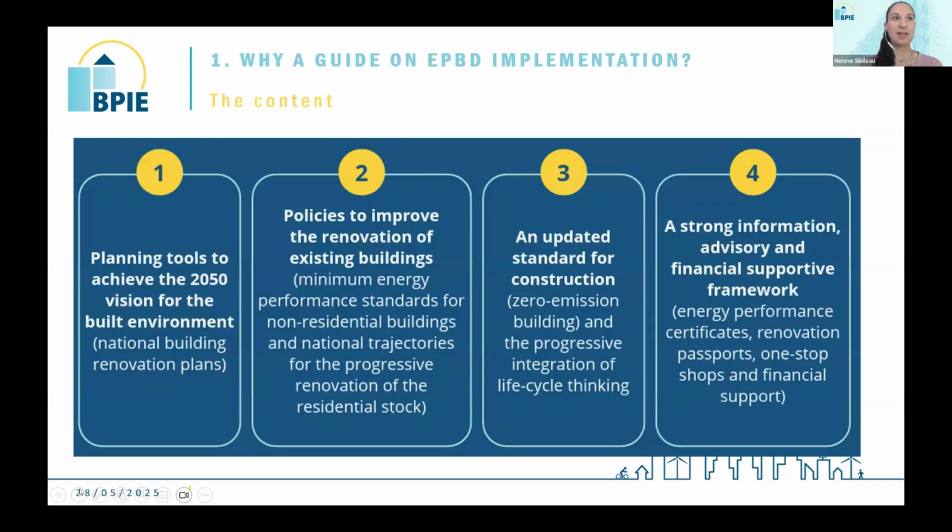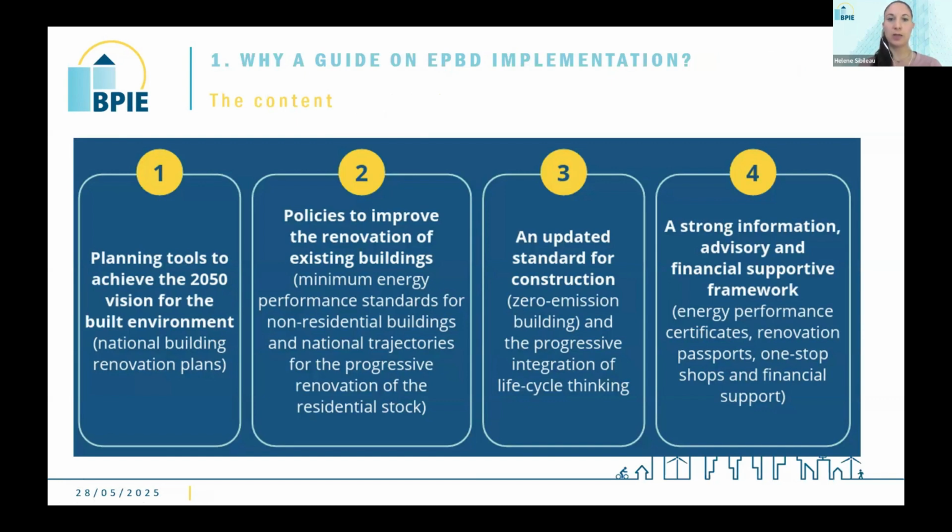Next slide. What is actually included in the guide? Our approach was to put provisions together in themes, starting with planning tools to achieve the 2050 vision for the built environment with national building renovation plans. Second, focusing on the renovation of existing buildings with the new measures introduced.